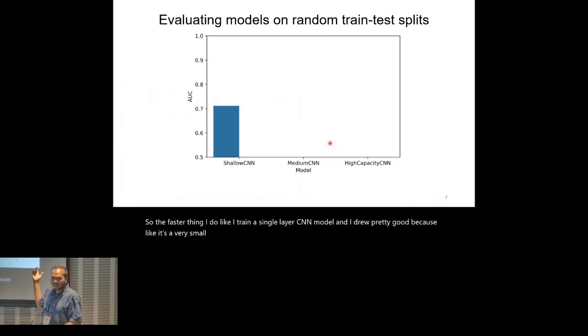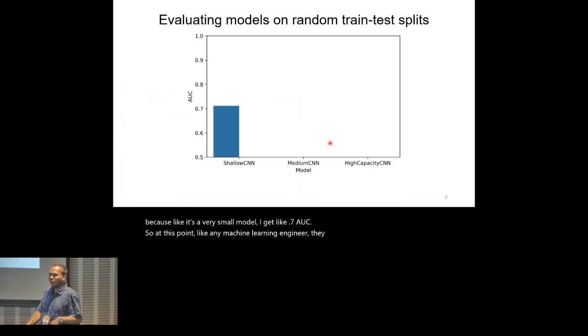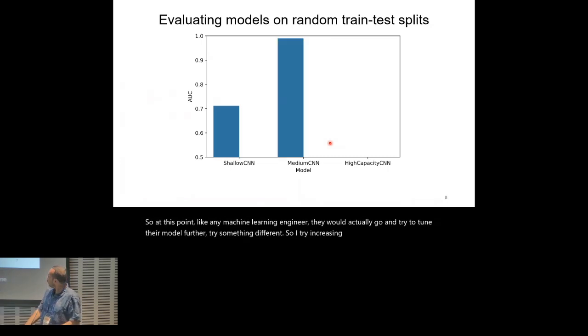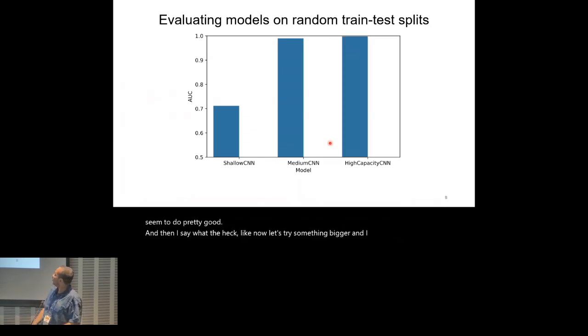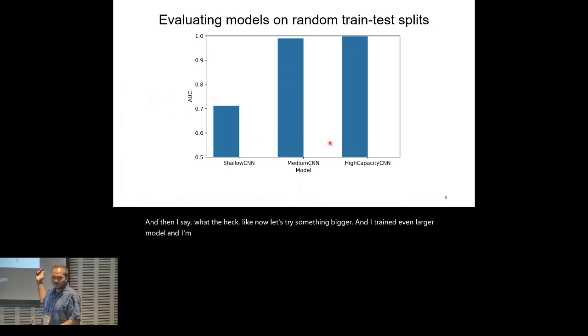I get 0.7 AUC. At this point, any machine learning engineer would go and try to tune their model further, try something different. So I try increasing the capacity of my model, and I seem to do pretty good. Then I say, what the heck, let's try something bigger. I train an even larger model, and I'm almost approaching 100% accuracy.